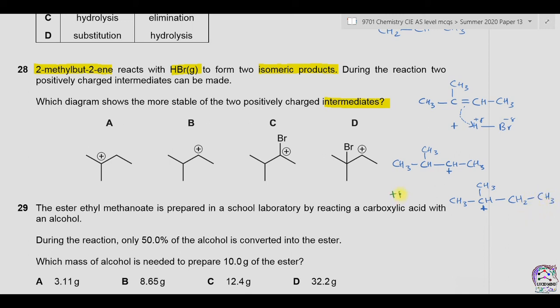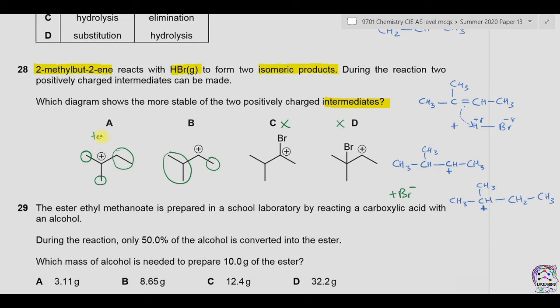Now in the second step, bromide ion will react with the partial positive carbon atom and will form the product. Now looking at the given options, we can see that C and D are wrong because they have attached bromine first and only A and B are left behind. So among A and B we can see that there are three alkyl groups attached with this carbocation and there are two alkyl groups attached to this carbocation.